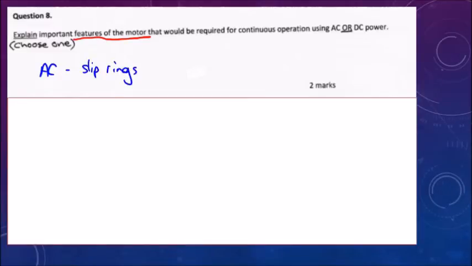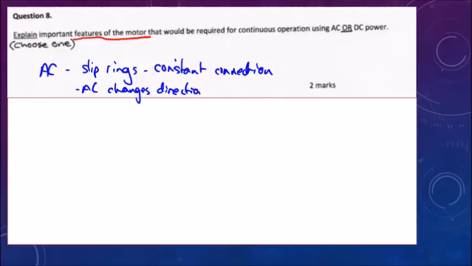Now, why do we do that? Because they provide a constant connection. And I would say that the AC changes direction every 180 degrees, and that allows for continuous rotation.